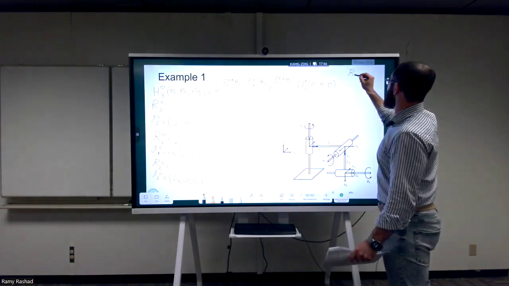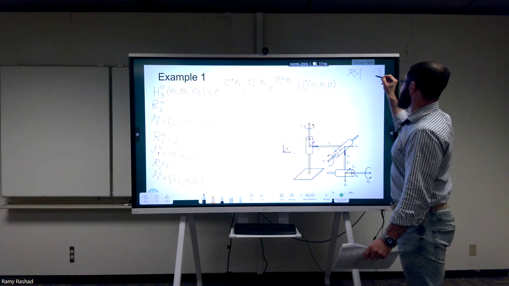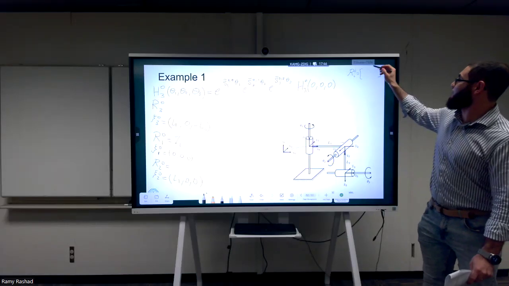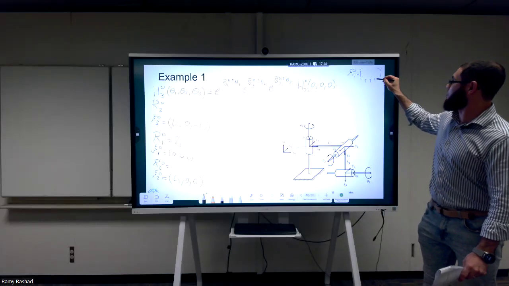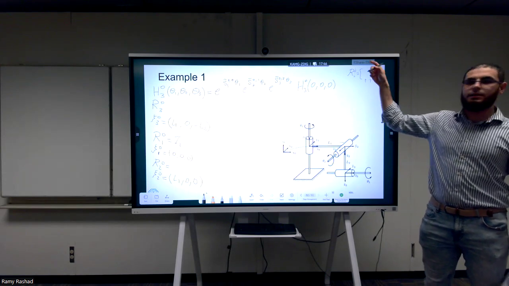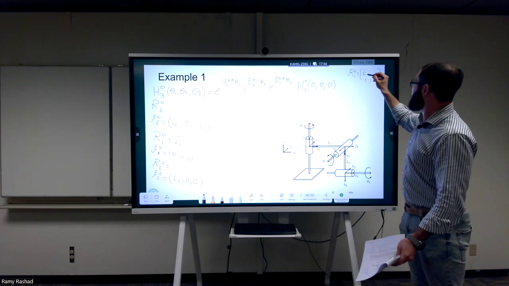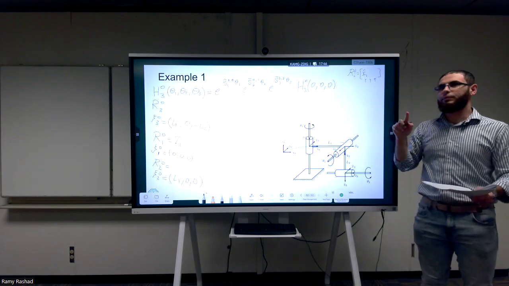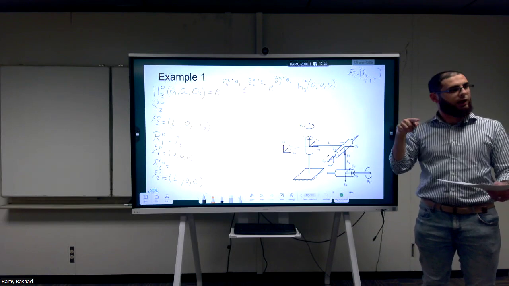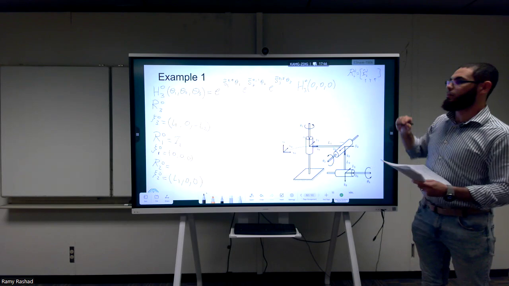So if I want to have Ri with respect to J, this is a 3 by 3 matrix, so I have one column here, one column here, and one column here. The first column of this Rij matrix is how the x-axis of the I frame is seen from the J frame.